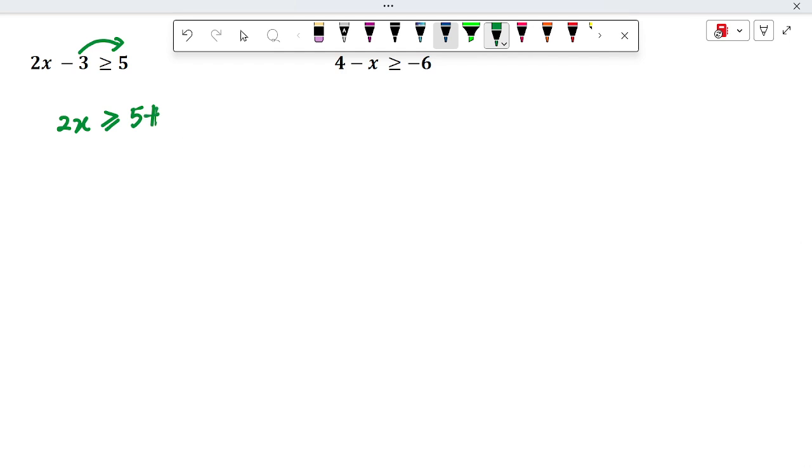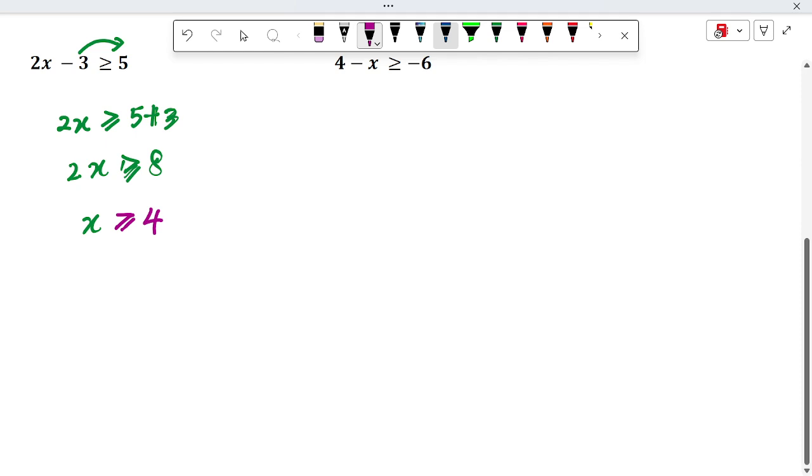Next, x more or equals to 8 divided by 2. The final answer, x more or equals to 4.